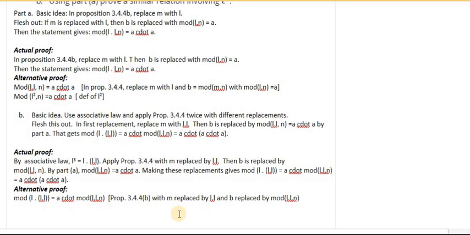And then the next step I can say, this part here, mod L dot Ln is equal to AC dot A, and that's by exercise A.